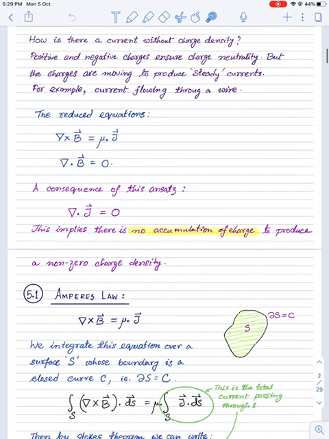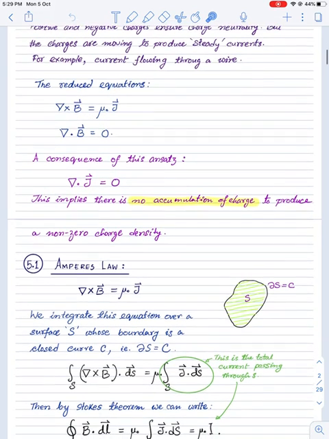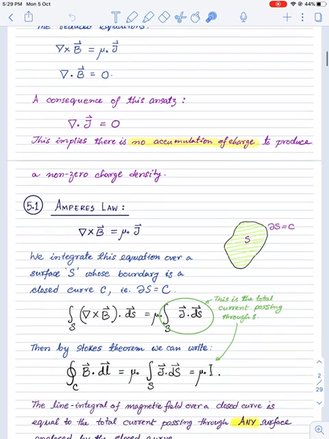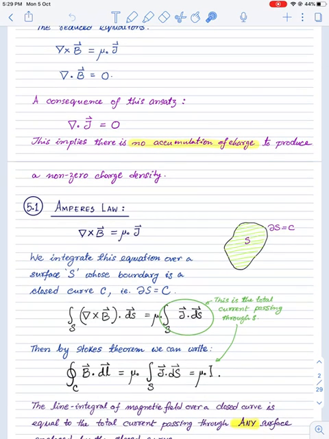Okay, so now with this, let us try to look at this first equation a bit closely. Maybe most of you have already seen Ampere's law in this form, and so let me just very quickly give you a little bit of a reminder of Ampere's law.